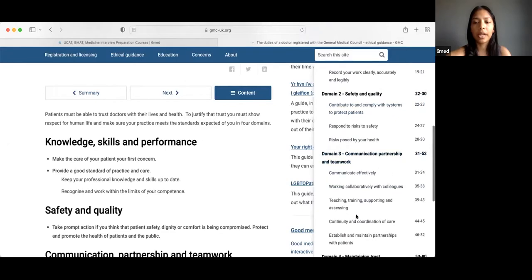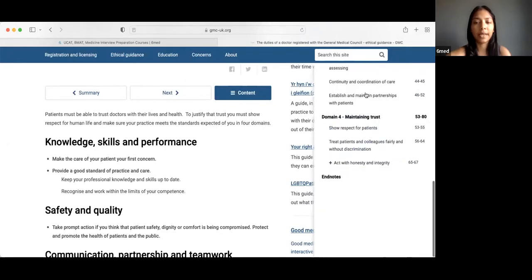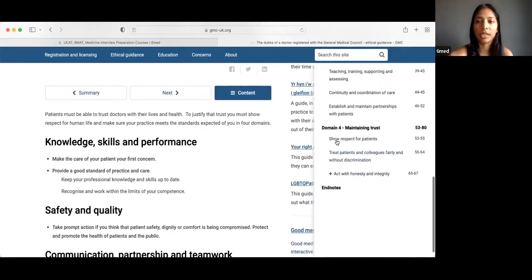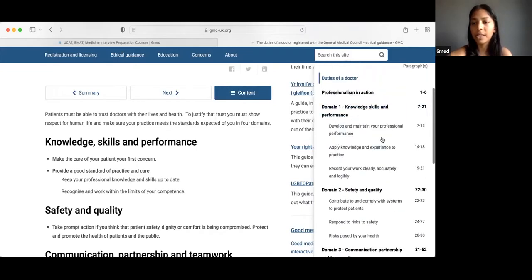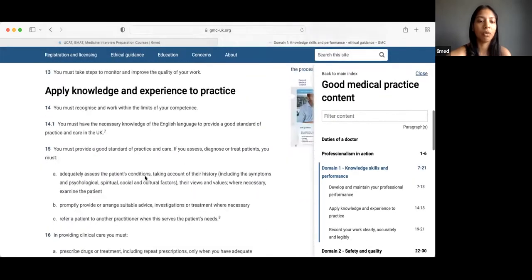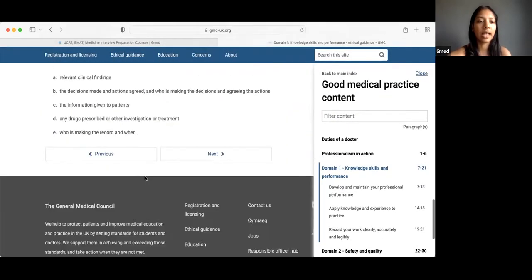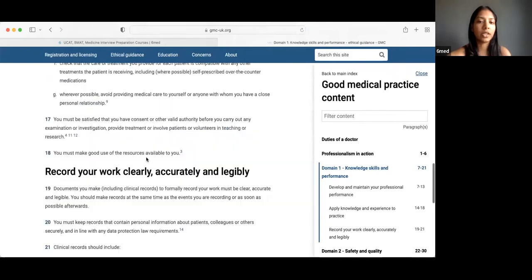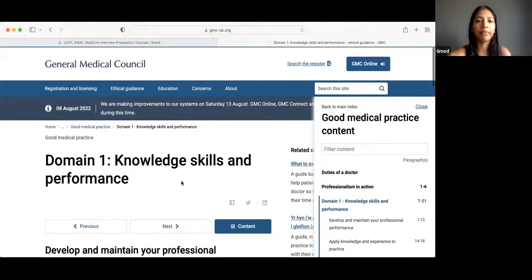And looking at communication, and then the maintaining trust bit is useful for answering SJT questions. This first one here, yeah, it is important, but it's probably self-explanatory. It's like keeping up to date with your knowledge and your skills and things like that. So yeah, they're really, really short pages. You can just go through those in your own time.